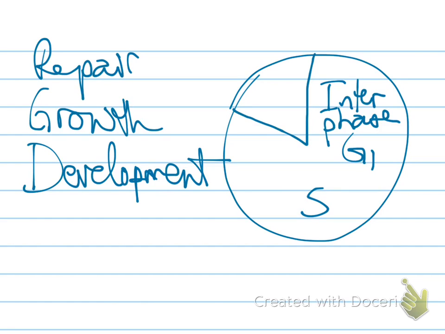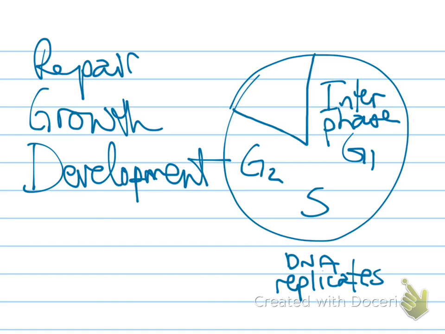Then during the S phase, the DNA replicates. Of course, we know that it replicates semi-conservatively because we're all experts in Meselson and Stahl's experiment, right? Okay. Then we have G2 phase, and at this point, the cell will grow some more, get ready to divide. So all of these are interphase. That's where the cell spends most of its life.